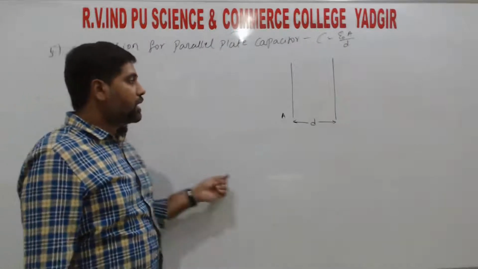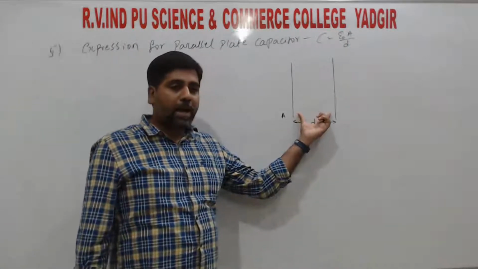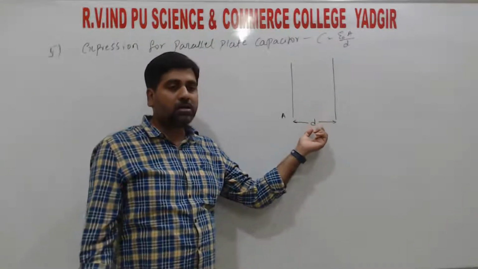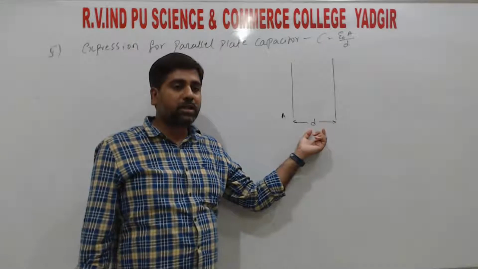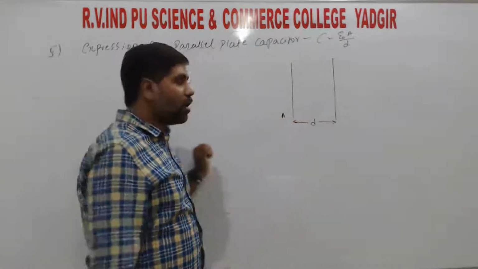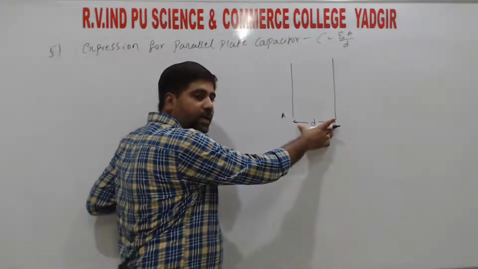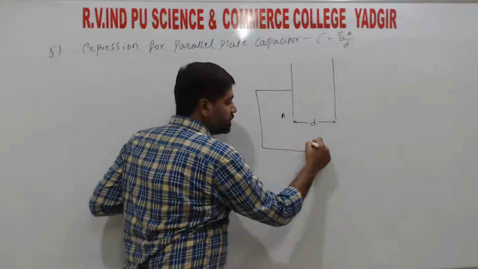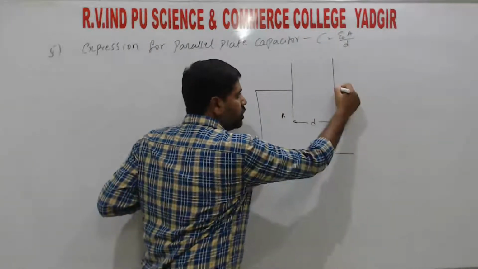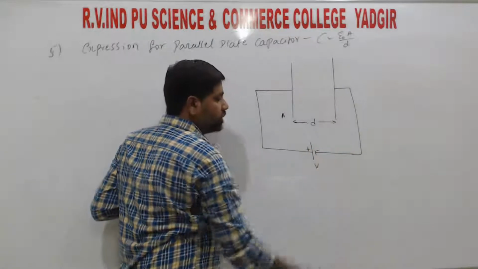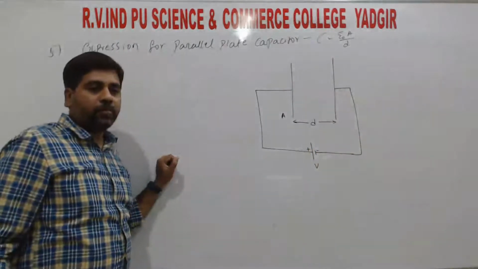So first consider two parallel plate conductors which are separated by a small distance d, where A is the area of each plate, right? Now these parallel plate conductors are connected to an external source, that is external potential V, right?